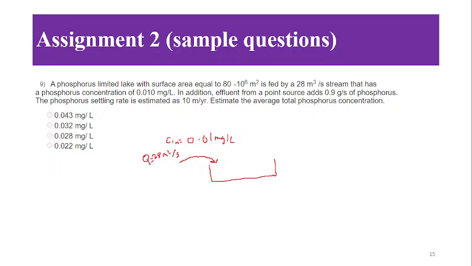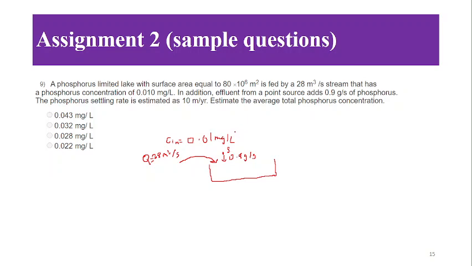And another point source. So this is S. It also adds to the phosphorus present in the lake through the stream. So this is 0.9 gram per second, the mass flow rate.